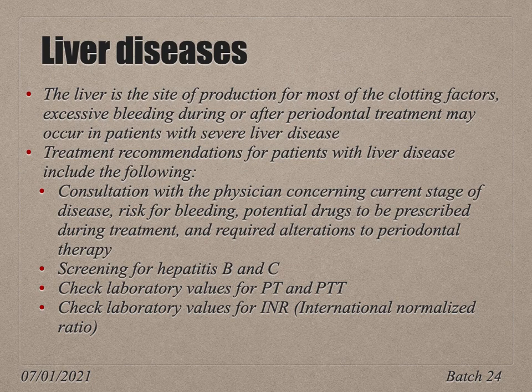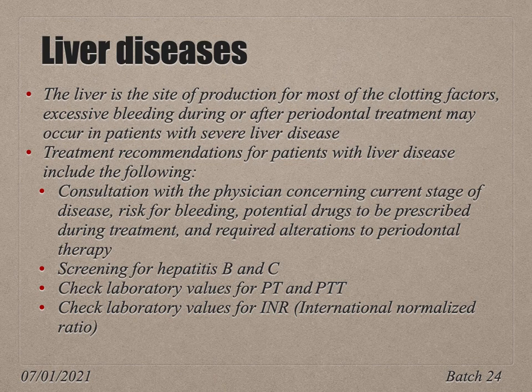Next disease is liver disease. The liver is the site of production of most of the clotting factors. So there will be excessive bleeding during or after the periodontal therapy if the patient has a severe liver disease. So the treatment recommendations for these patients with liver disease include consulting with the physician concerning the current status of the disease, risk of bleeding, potential drugs to be prescribed during the treatment, and required alterations in the periodontal therapy.